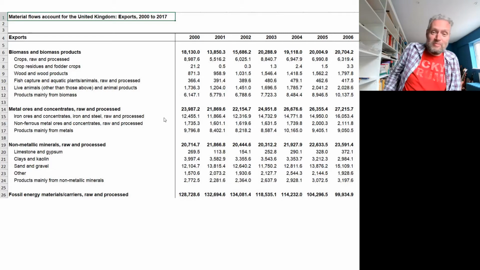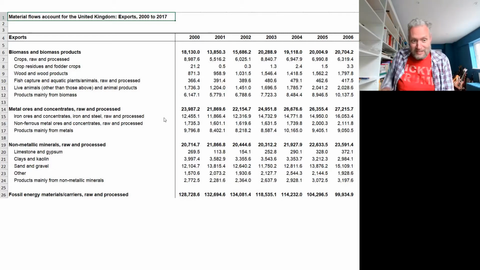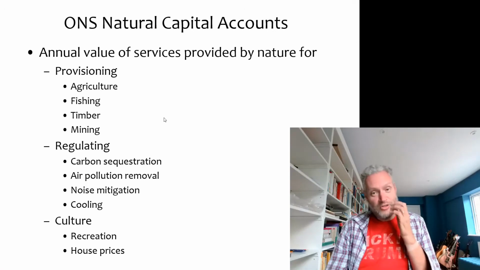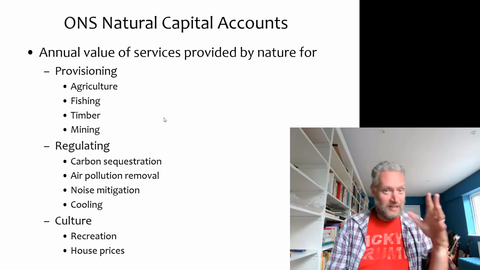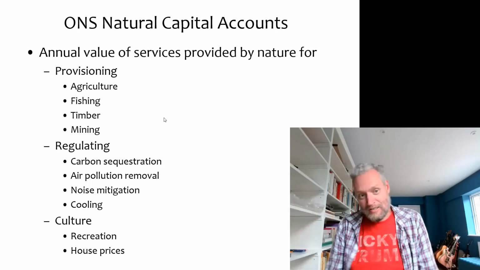But the important thing to keep in mind here is that these are just tons of material. These are not economic numbers. These are physical numbers. And in that sense, the environmental accounts are not particularly well developed. The natural capital accounts, developed by a different team in the ONS, are much closer to theory.